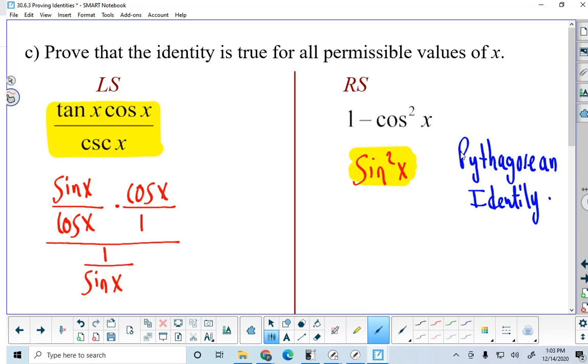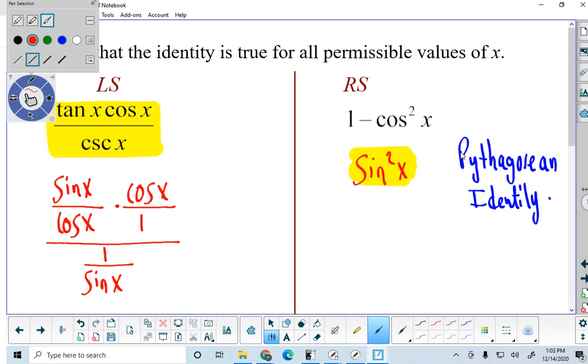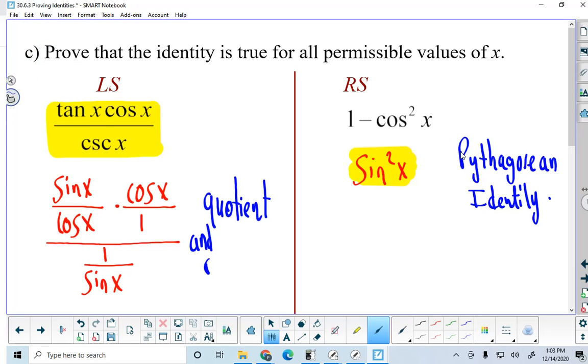So now we're at that stage where we have to write down the names of the types of identities that we used. And for the tan x, we used a quotient identity. And for the cosecant, we used a reciprocal identity.